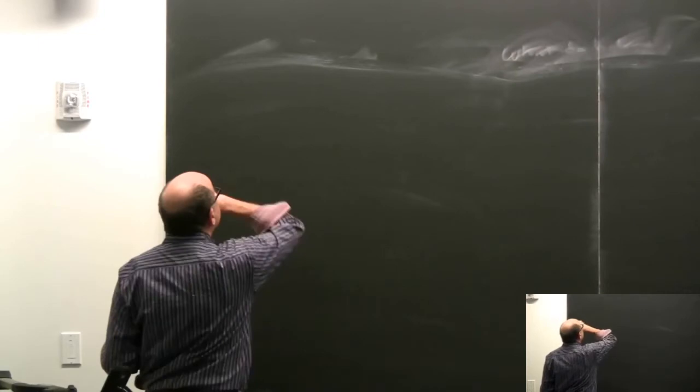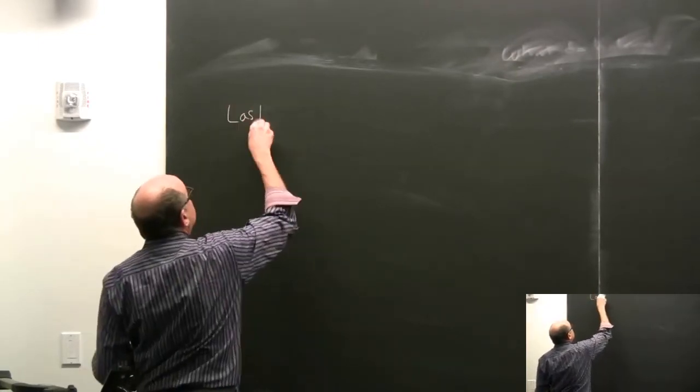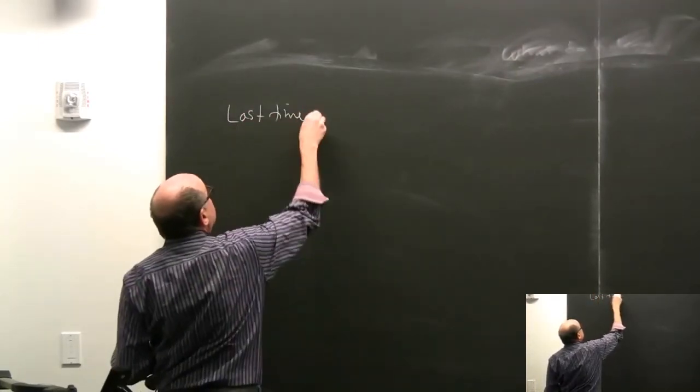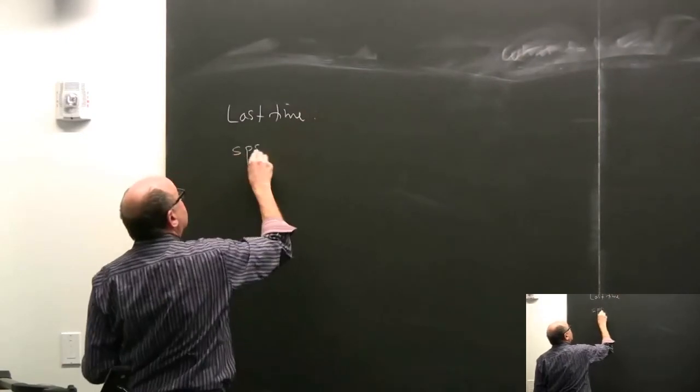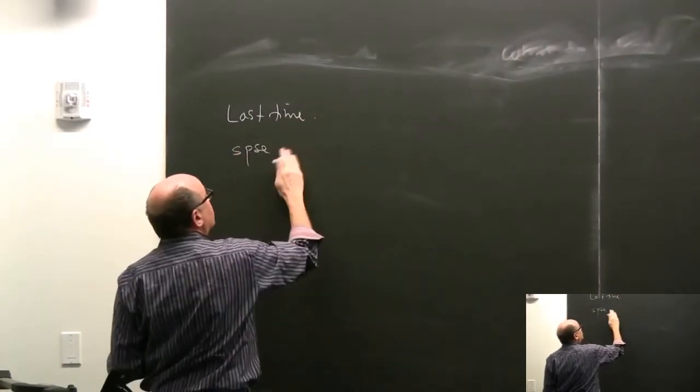So the idea, from last time, is we suppose that we have a quasi-inverse for f.